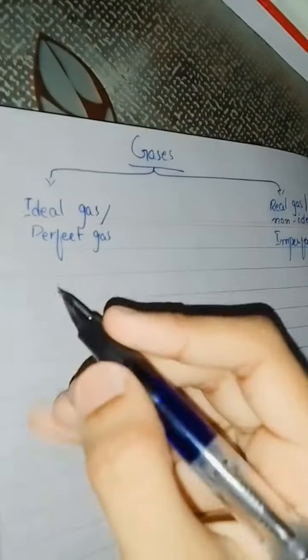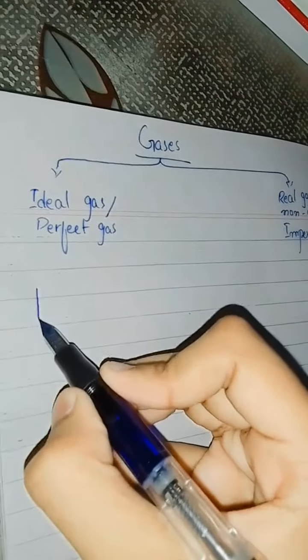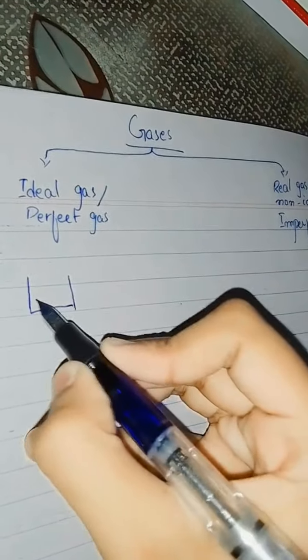Now, if we have particles and we want to make a gas of these particles, what conditions will we give to them? For example, particles are placed in a container.